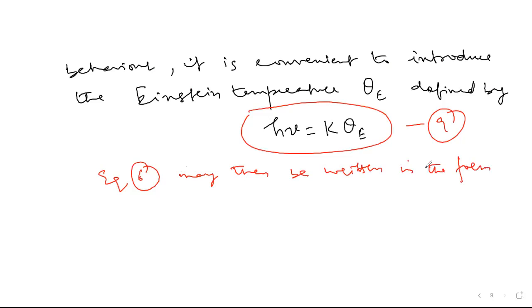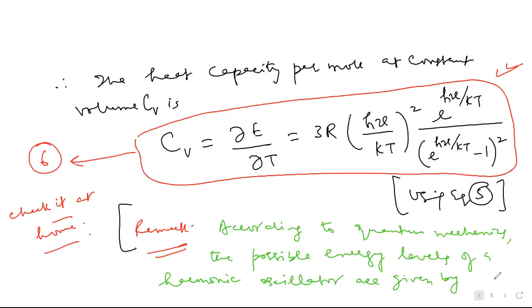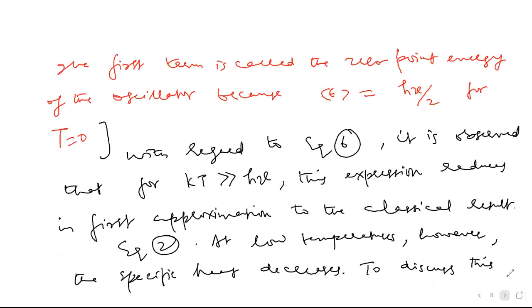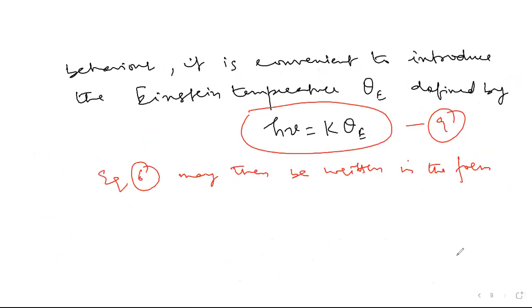We use the definition of Einstein temperature from 9 to re-express the expression for CV. Simply we replace h nu by k by theta E, right? So what we get?